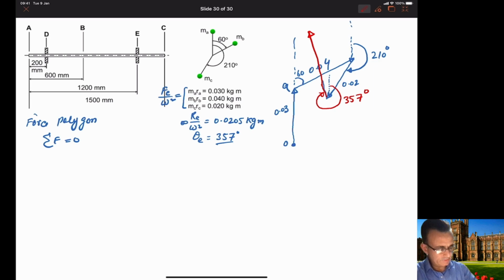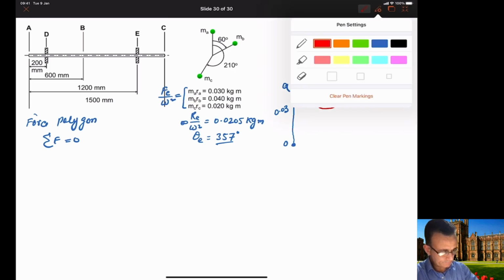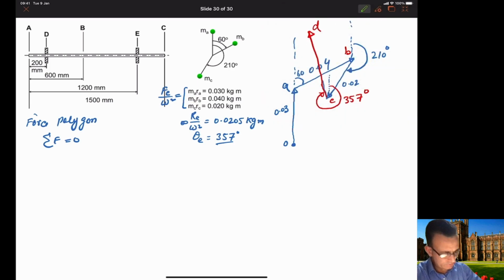So this is O, A, and this is B, this is C, and now this location, maybe you can call it D. And now you can calculate the resultant here. Let me draw this in green. The reaction, the final resultant, the final vector.